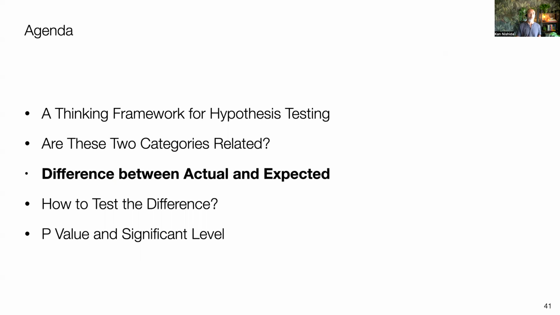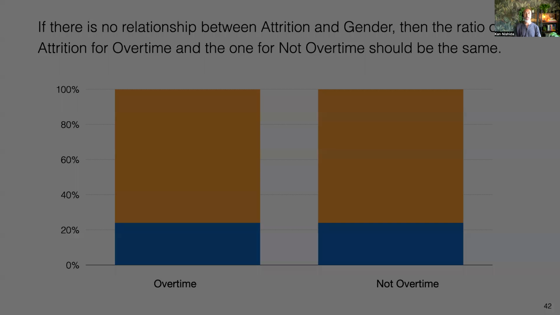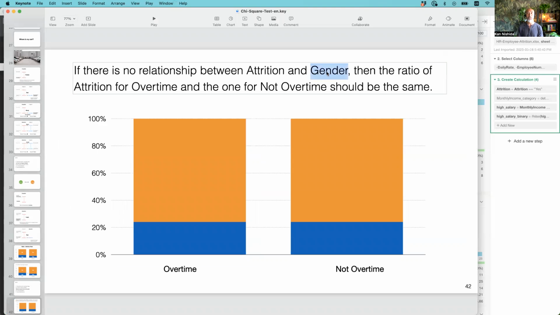So let's focus on what the difference here is. What should we expect if there is no relationship? If there is no relationship between attrition and gender, but it's not gender, sorry about that, this is supposed to be overtime.